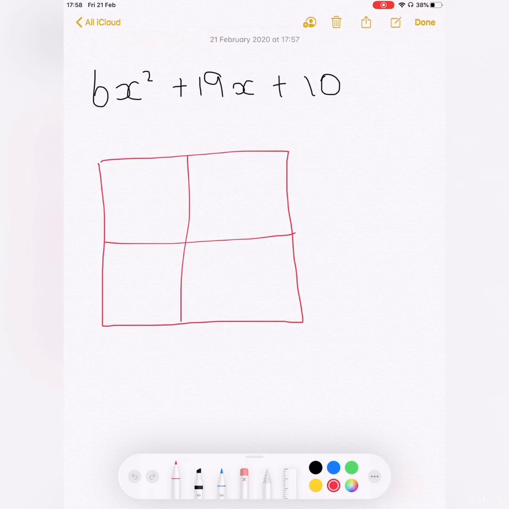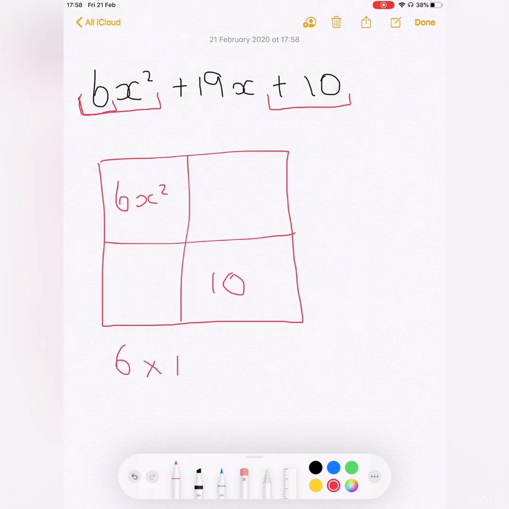So our final one then, again we're going to have to draw a grid because it's a non-x squared coefficient. So remember, we put this first term in this first box, and we put this last term in this last box. We then do the first term times the last term to give us 60.